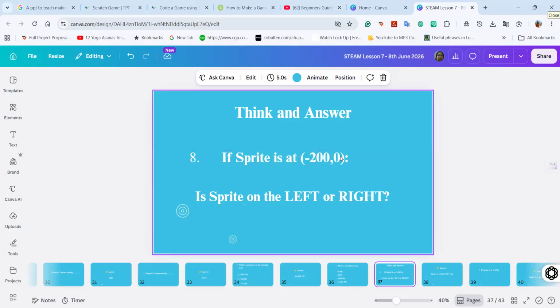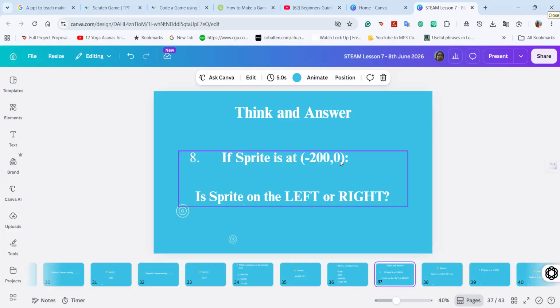Are you going up, down, or are you in the same position? Same position is center. Okay.